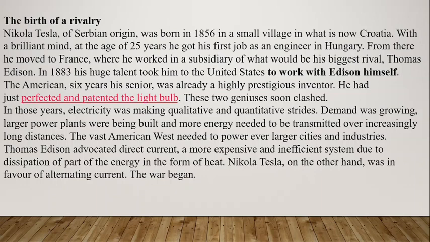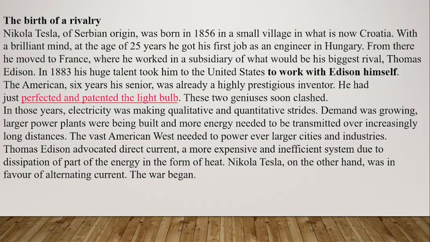From there, he moved to France, where he worked in a subsidiary of what would be his biggest rival, Thomas Edison. In 1883, his huge talent took him to the United States to work with Edison himself.